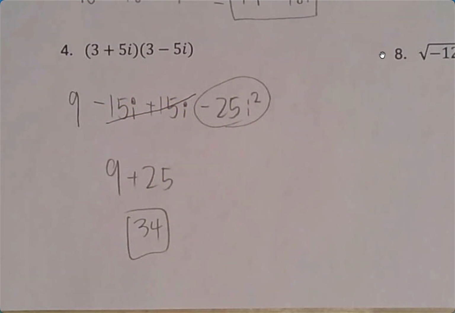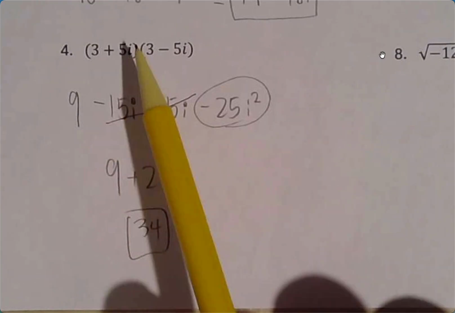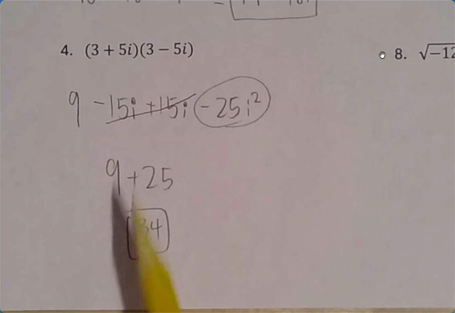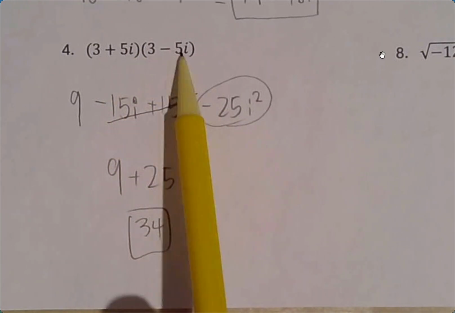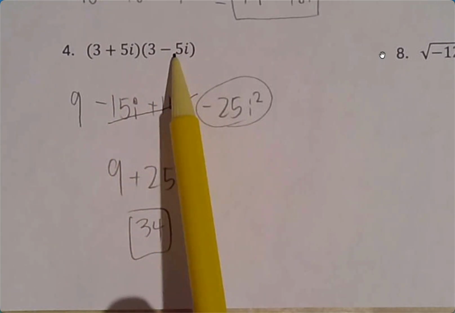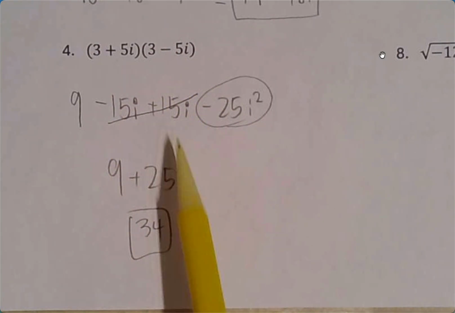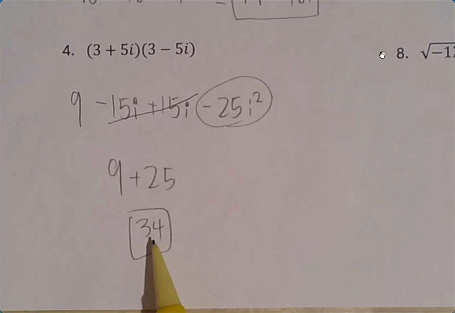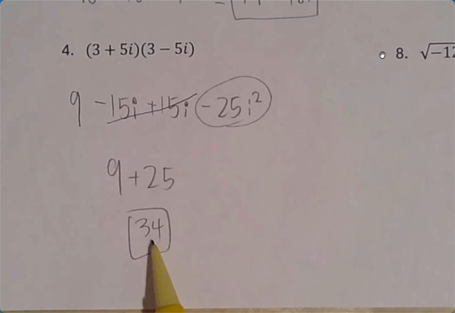Those have a name in mathematics. We call them conjugate pairs. Why would we give them a name? Because of what just happened. Two complex numbers that were conjugates multiplied together and became a non-complex or a regular real number.